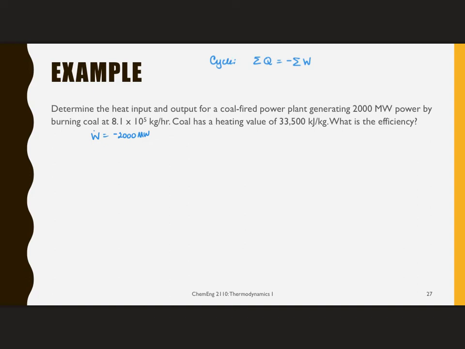We have burning coal at 8.1 times 10 to the 5th kilograms per hour. That is our mass flow rate of our fuel. And we can use that with this heating value.